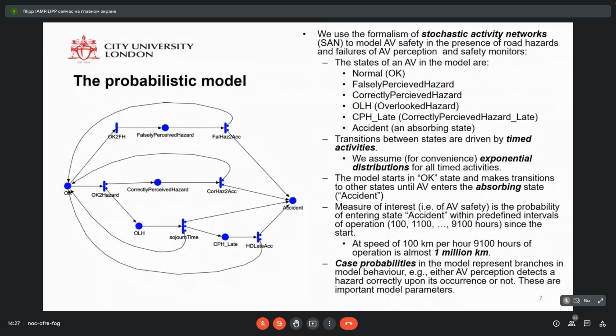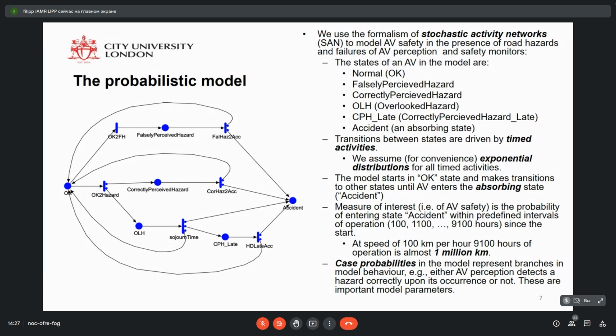For a very short period of time, we may have a problem with the perception system. So again, after a short period of time, either the hazard will disappear, or it will be eventually recognized correctly, and we end up in a state which is similar to this correctly recognized, but not quite the same because some time has been lost.